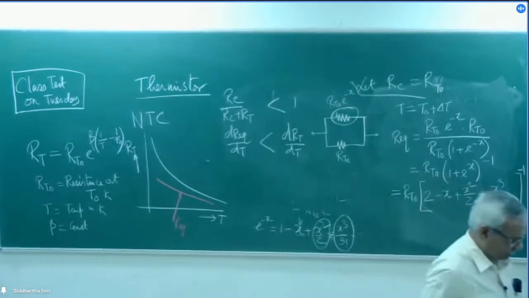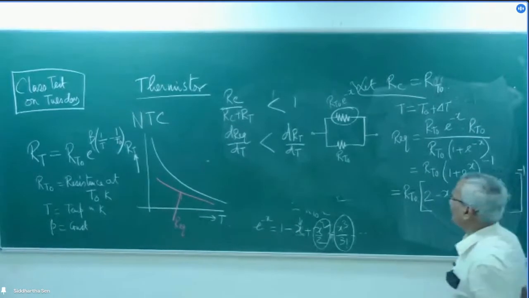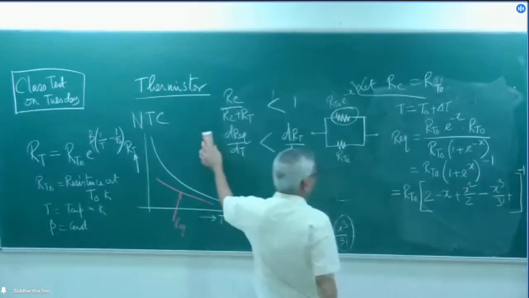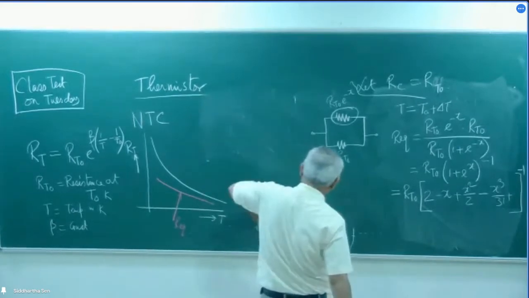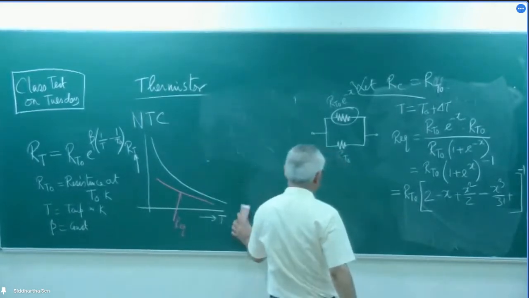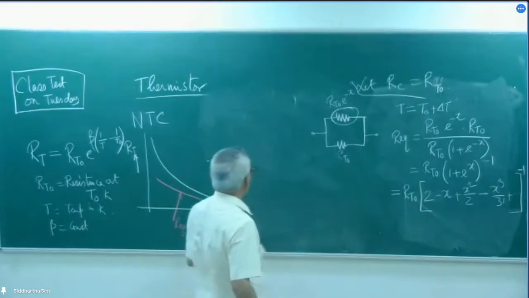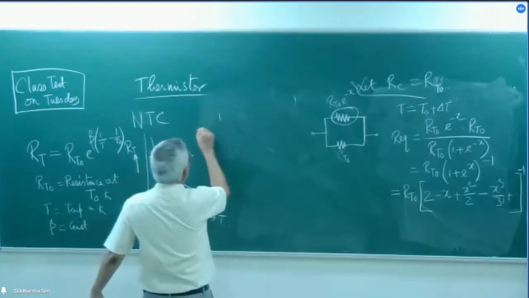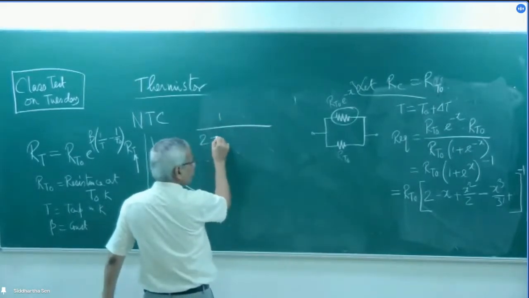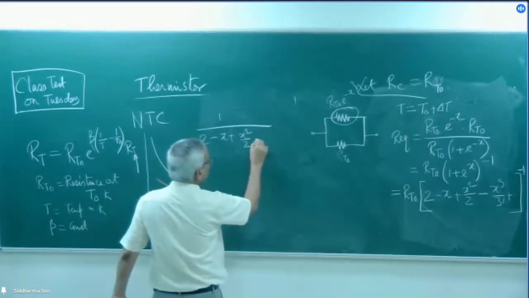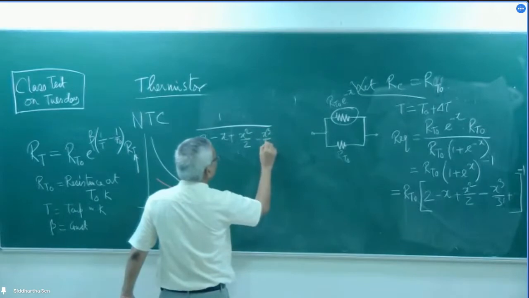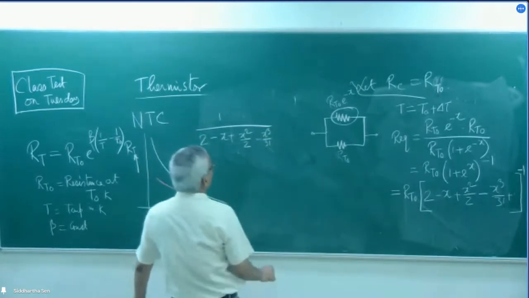Now, you can do the simple hand calculation. Divide 1 by 2 minus x plus x square by 2 minus x cube by factorial 3, like this.